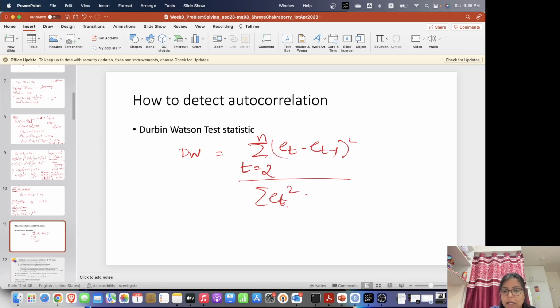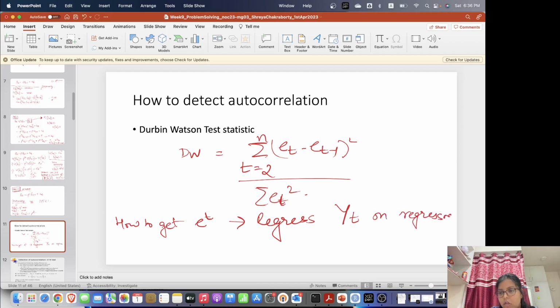Now how are we getting the e_t's? How to get e_t? We will regress our response y_t on the regressors x_t and get the residuals as e_t.